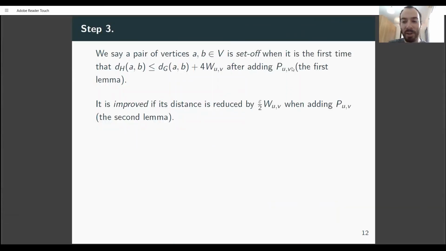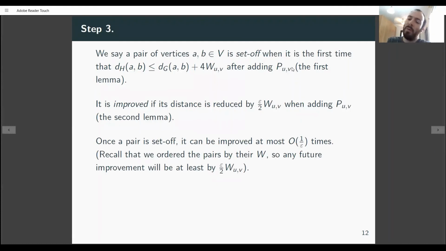Now we are almost ready to put everything together. We say a pair of vertices A and B is set off when it is the first time the distance is less than the original distance plus 4 W_UV, which we can get using the first lemma. We also say that it is improved if its distance is reduced by epsilon over 2 W_UV when adding P_UV, which we can get using the second lemma.